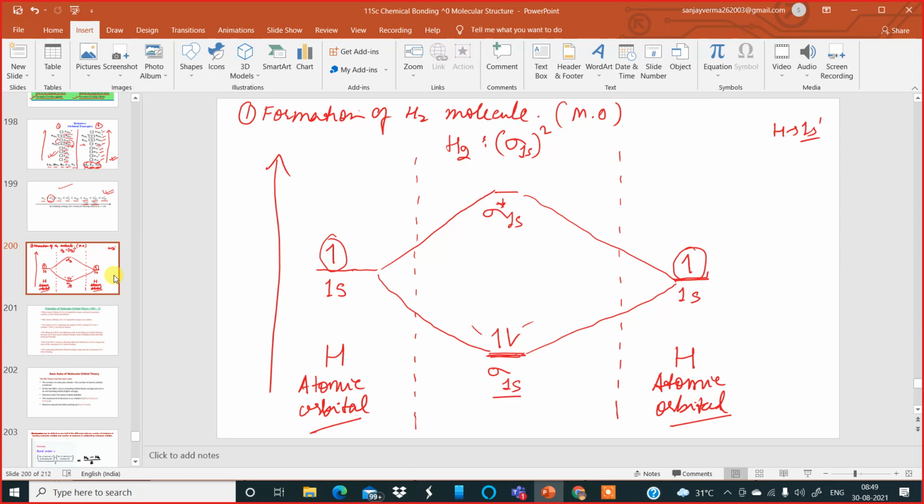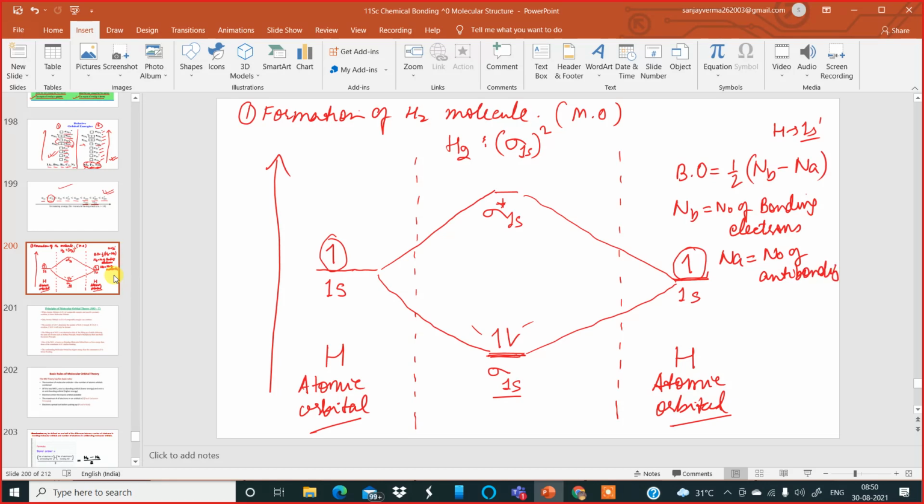Now, after getting this, it is very important for us to find out the bond order. Bond order, there is a formula, half Nb minus Na. Nb means number of bonding electrons, and Na means number of anti-bonding electrons.